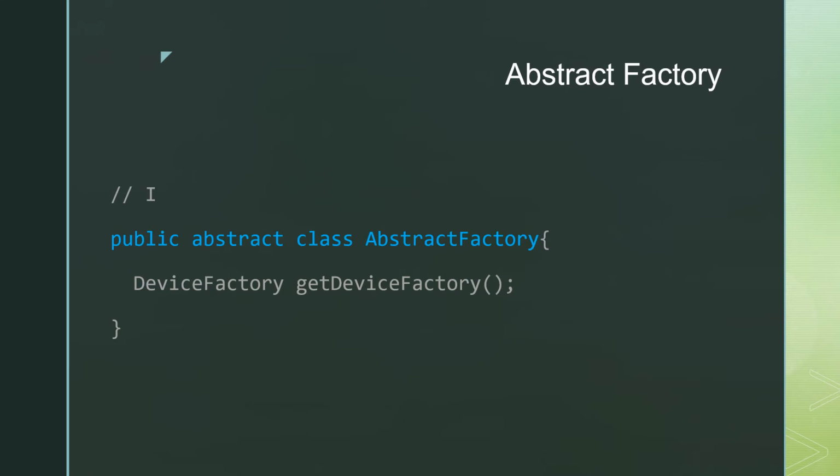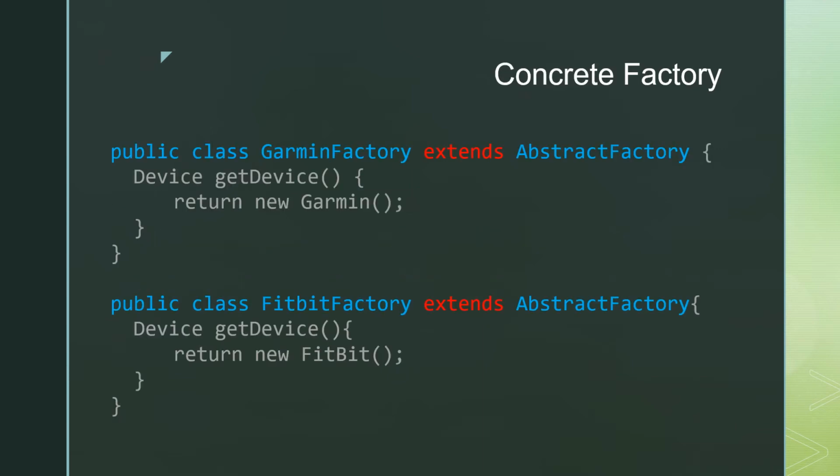Next, we have the abstract factory, which states that all classes must have the get device factory method. These two concrete factories are examples that we would use for Garmin and Fitbit, as they extend the abstract factory and then return the get device for a new Garmin and a Fitbit.